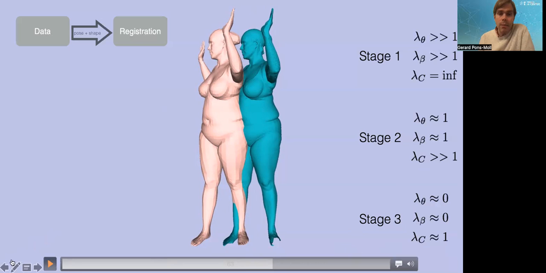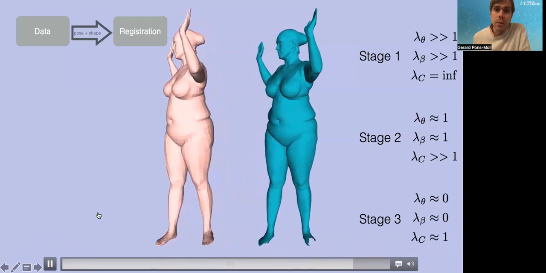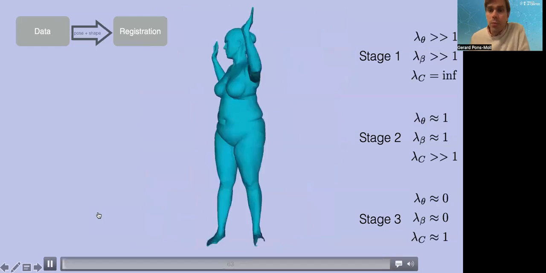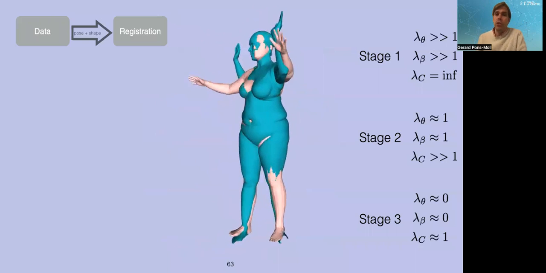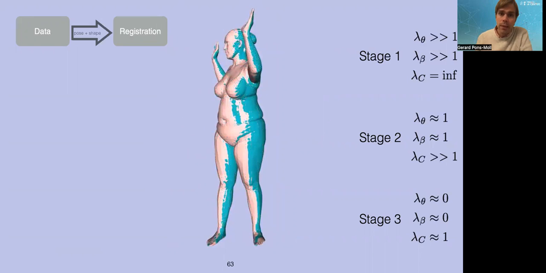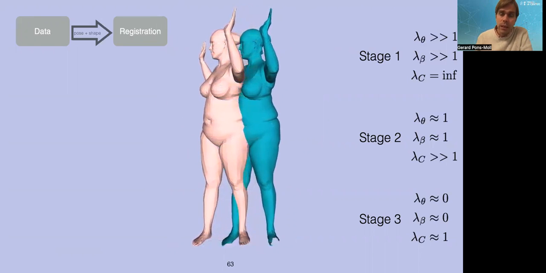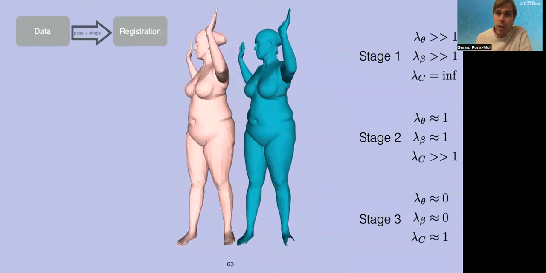But at the end, you can obtain a mesh that goes beyond what the current model can do, right? That's the point of doing this registration. If you do not go beyond the model, it means that this registration is not giving us any information in addition to what we already know.